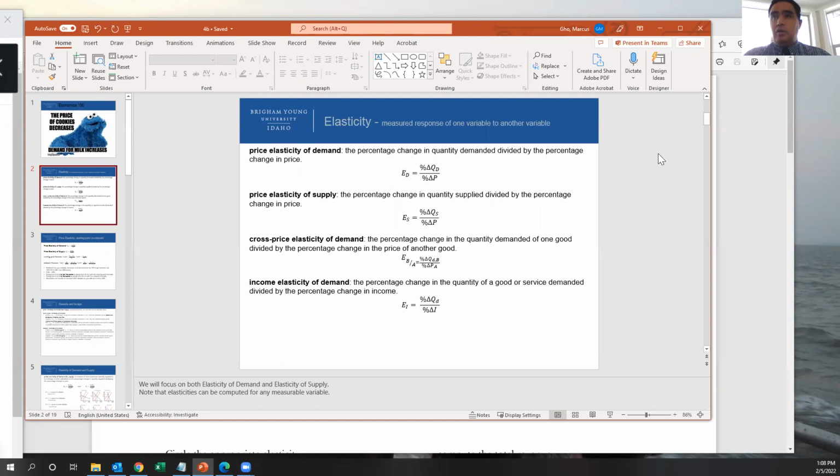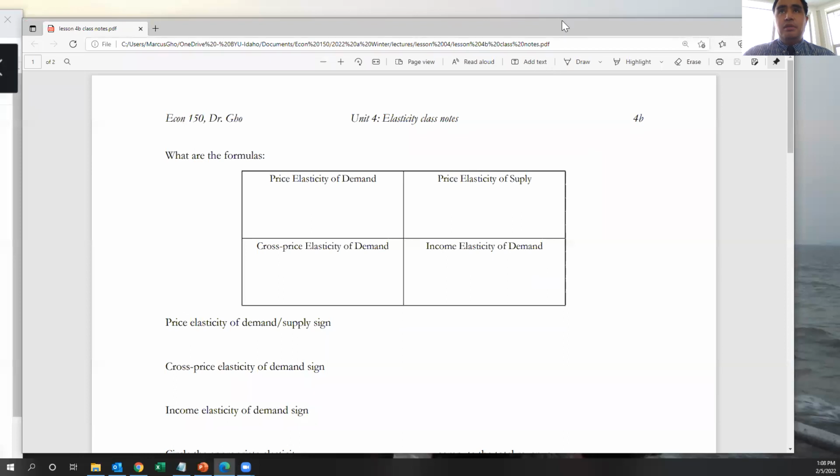If you pull out your notes, it'll look something like this. And I'm going to write down the formulas here the best I can. So elasticity of demand is equal to the percent change of quantity demanded over the percent change of price.